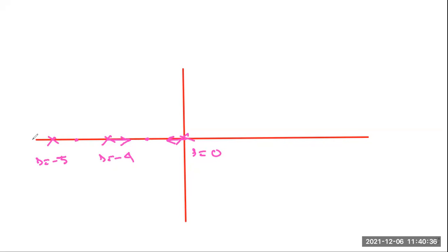Now similarly, if you take a point to the left of -5, will the root locus lie there? Yes, because the number of poles plus zeros to the right of this point is 3, which is an odd number. So the root locus will exist.